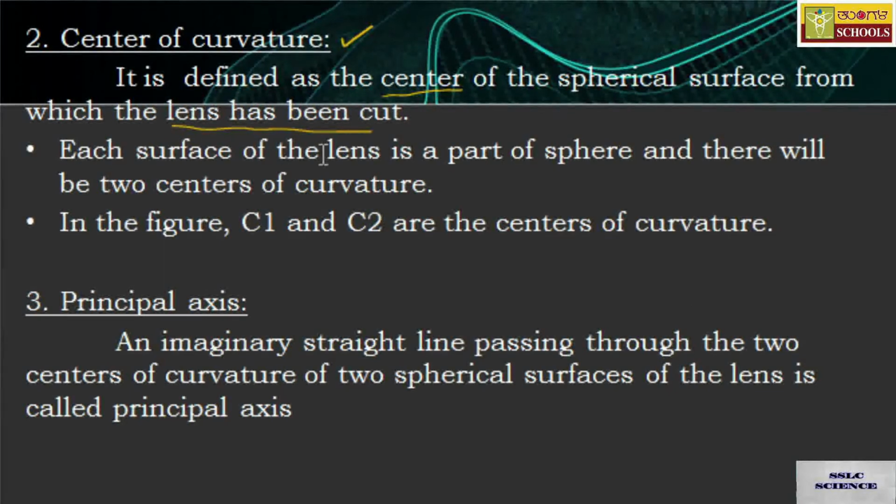Remember, each surface of the lens is a part of a sphere, and there will always be two centers of curvature in the case of spherical lenses. There are points C1 and C2 in the diagram.